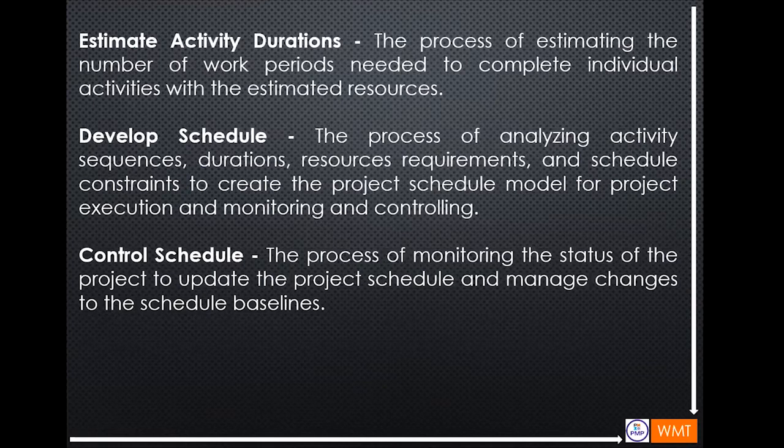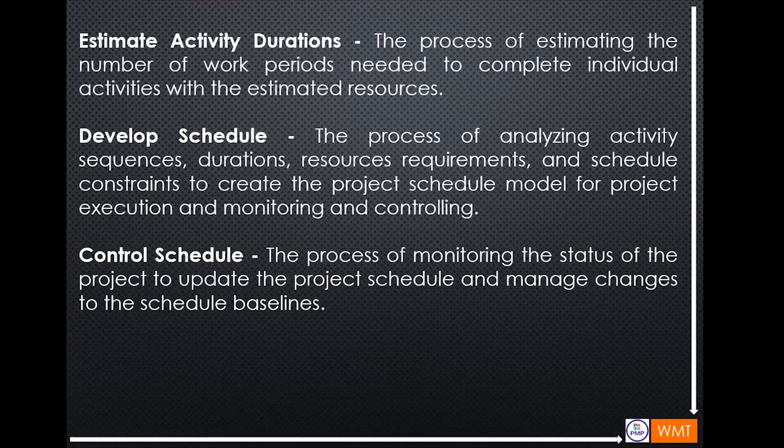Estimate activity durations: the process of estimating the number of work periods needed to complete the individual activities with the estimated resources. Develop schedule: the process of analyzing activity sequences, durations, resource requirements, and schedule constraints to create the project schedule model for project execution and monitoring and controlling.